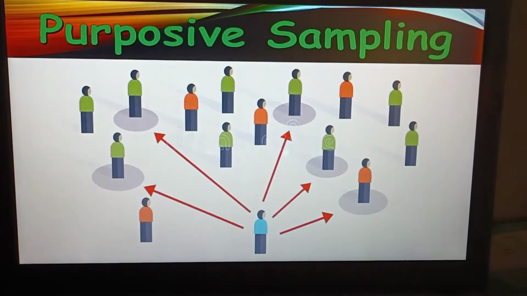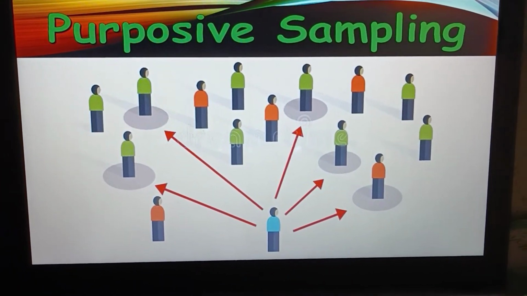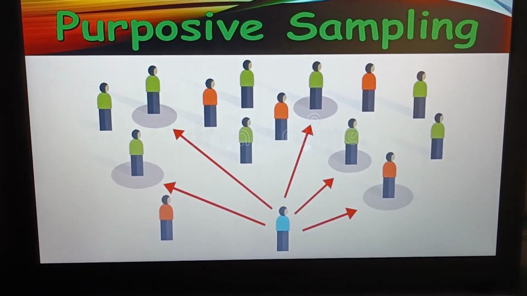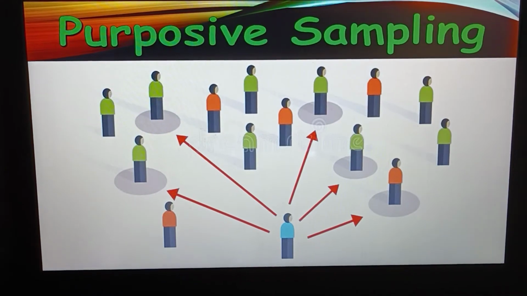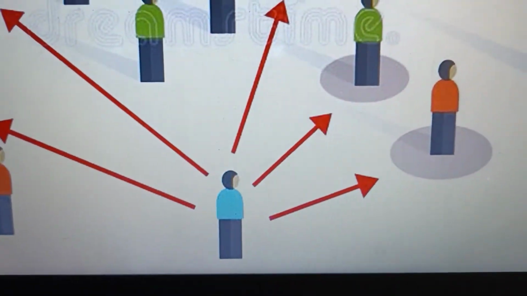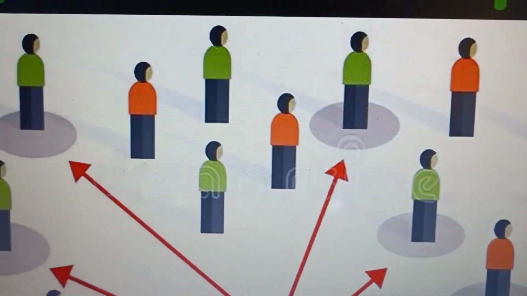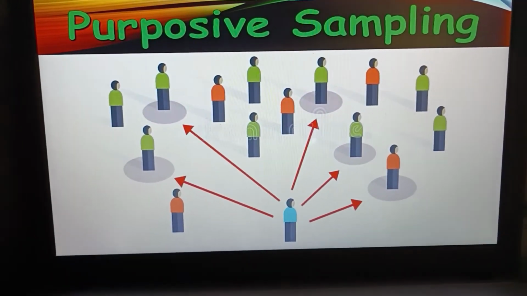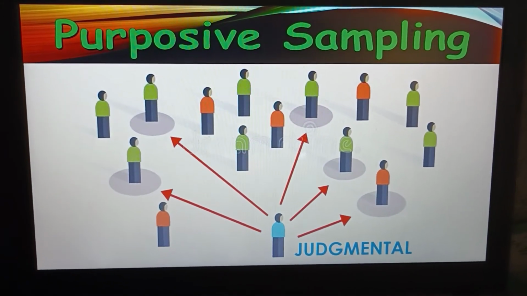Okay, moving on to purposive sampling. Purposive sampling is a biased sampling technique for getting respondents for your research study, wherein you as a researcher will select according to your standard, according to your own judgment.